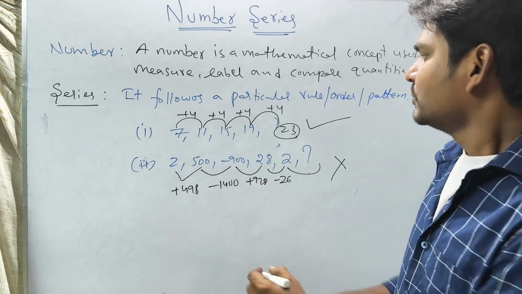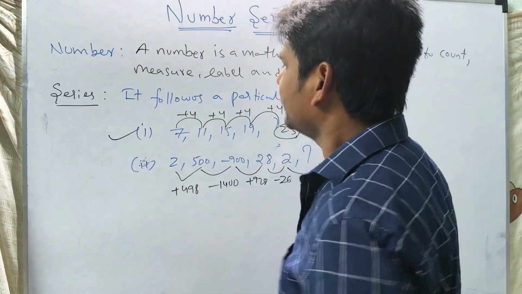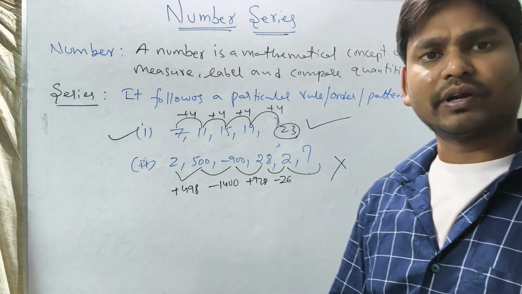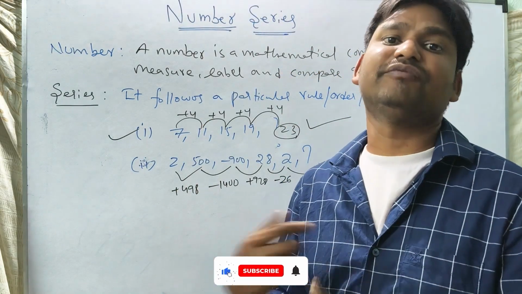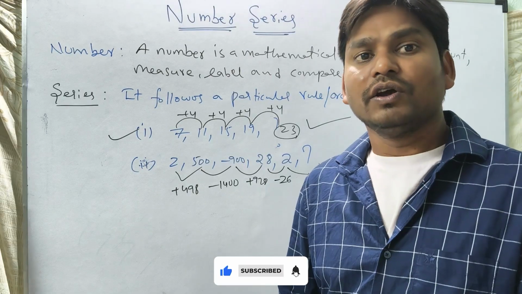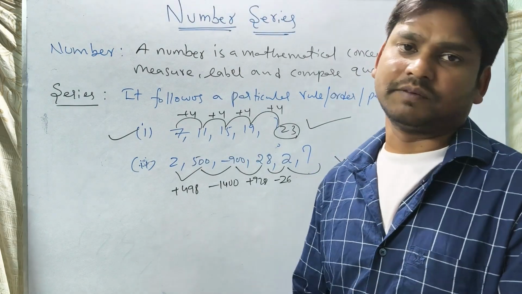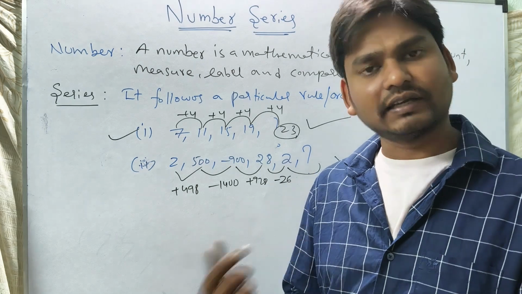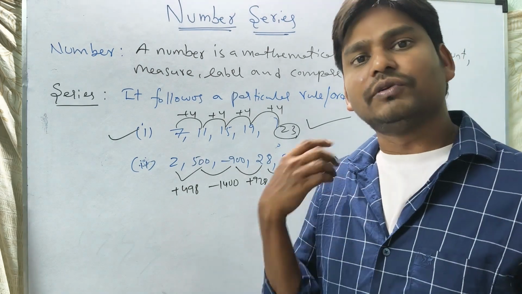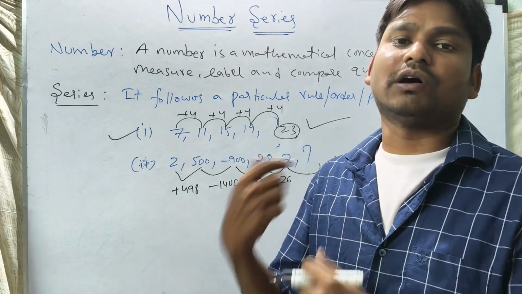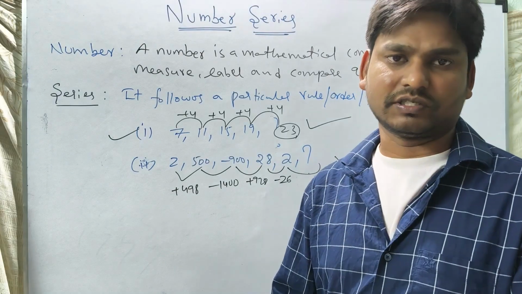Clear? Like this we have different types. In your competitive examinations they may ask in different ways. First of all, we will learn the concept, and from that you will learn how to solve the different types of questions.